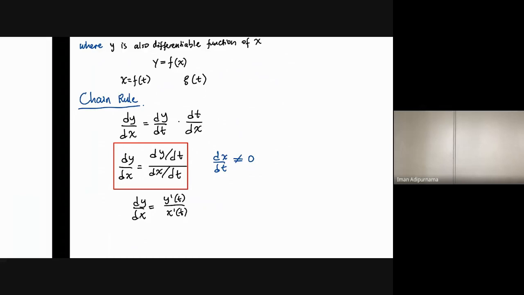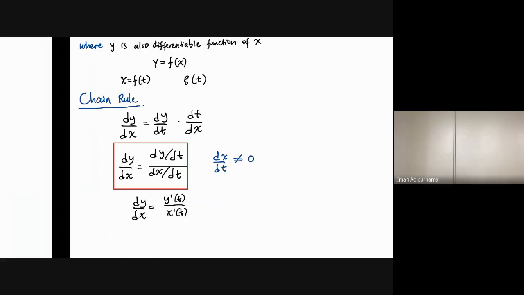Same concept, same meaning. So if you want to find dy over dx, where y is actually a function of x, and y and x can each be defined parametrically in t, we can find the relation through the chain rule.